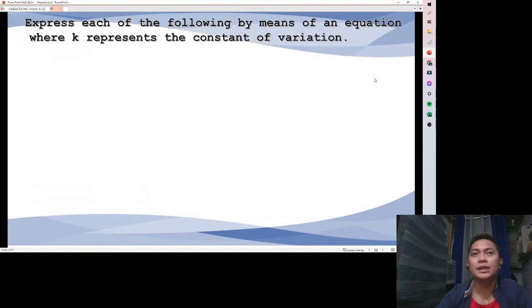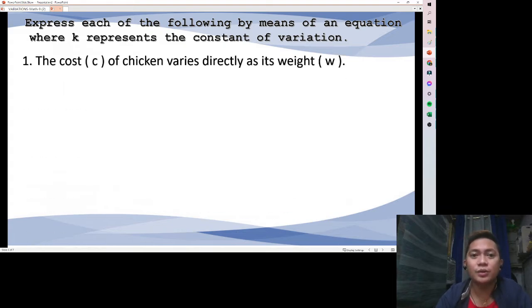Express each of the following by means of an equation, where k represents the constant of variation. First, the cost of chicken varies directly as its weight.